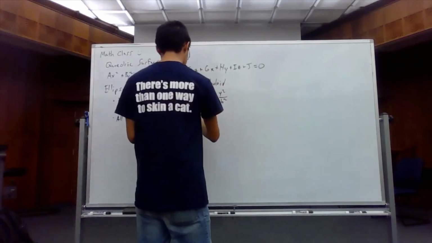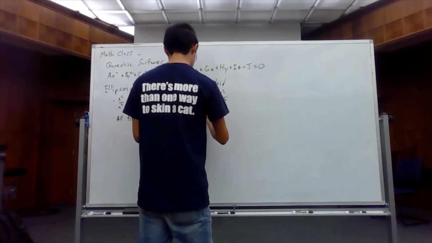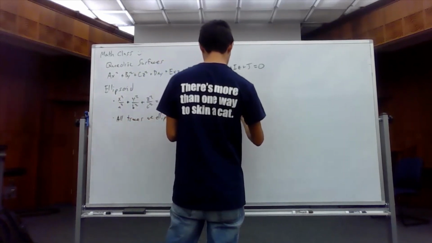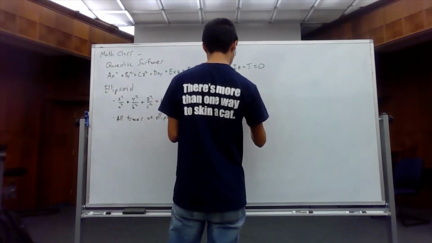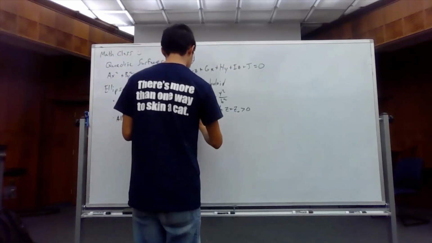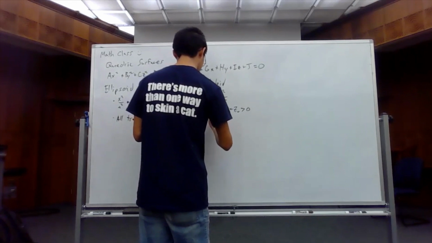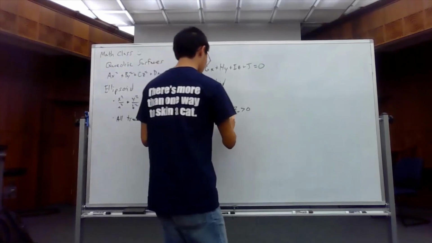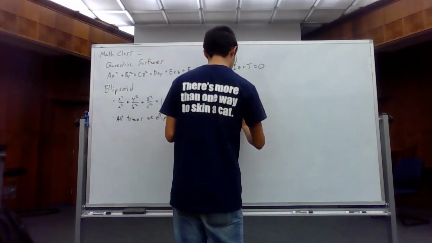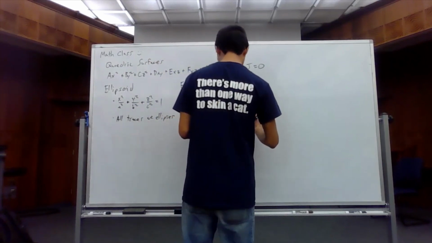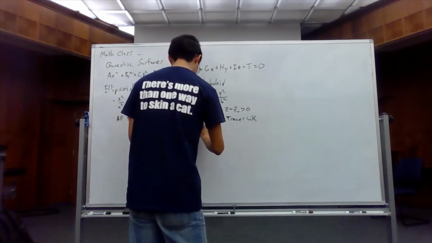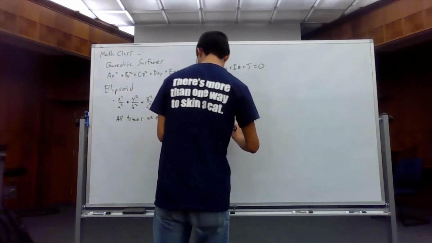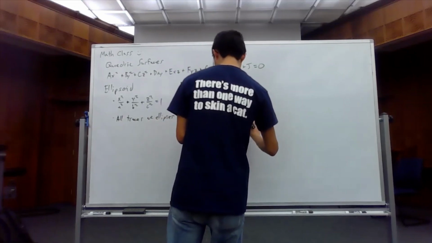And so these traces, with z being some z naught, that's positive at least, are ellipses. So that's where the elliptic comes from. And then traces with x being x naught and y being y naught are parabolas.